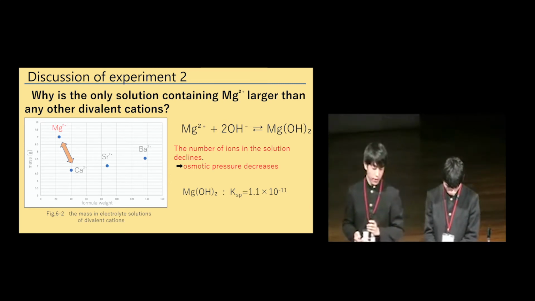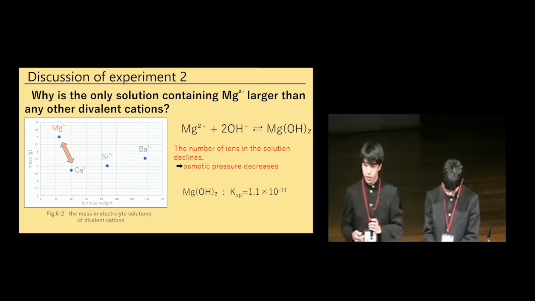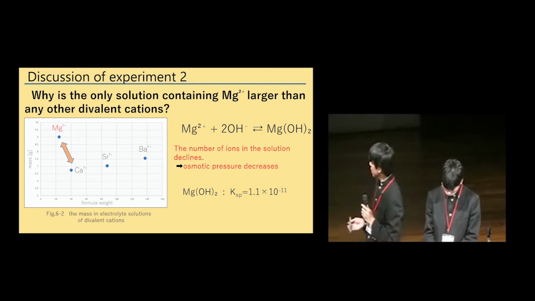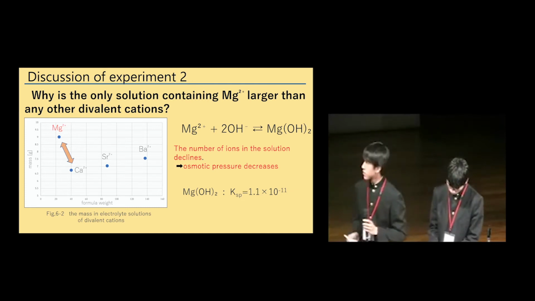Hydroxides of other divalent cations, such as calcium hydroxide, strontium hydroxide, and barium hydroxide, are all strong bases, and the solubility products are large. But the solubility product of magnesium hydroxide is small, 1.1 times 10 to the power of minus 11. Therefore, part of the magnesium ion becomes magnesium hydroxide.